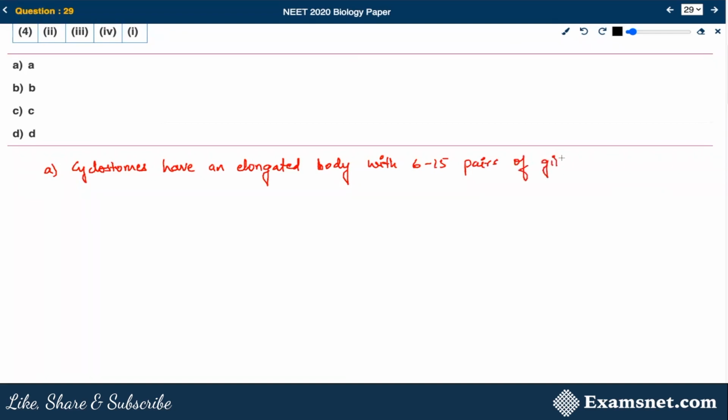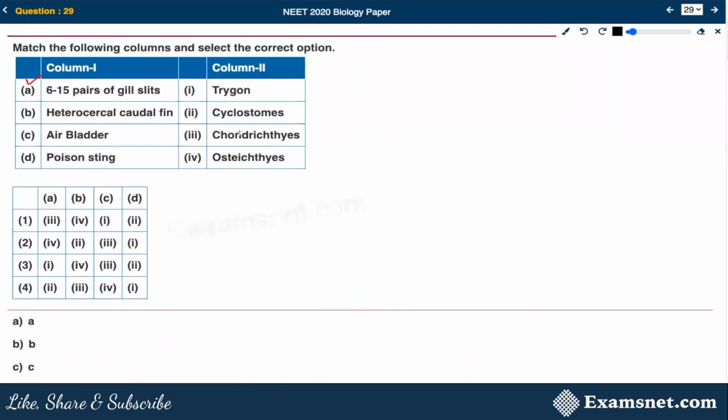And these gill slits are actually responsible for respiration. All right. So the first option will go with this one.